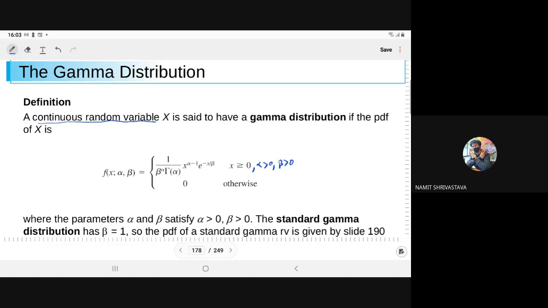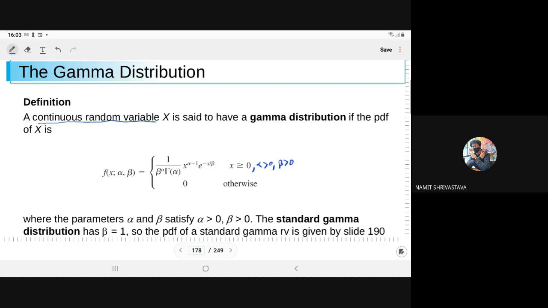From this, we can make a special distribution known as the standard gamma distribution when we assume beta is equal to 1. So when we assume beta is equal to 1, there is only alpha as a parameter.